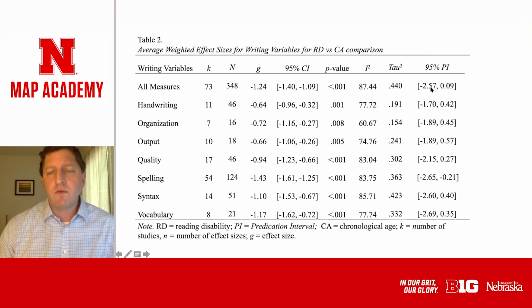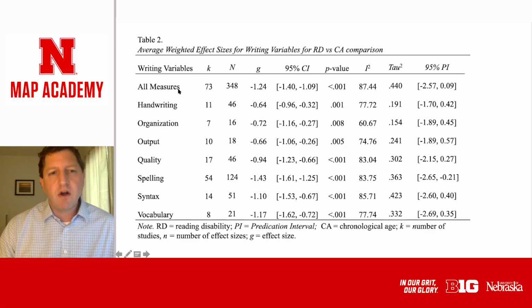So if I'm doing a study in the future, mostly it's going to be in this negative effect range, but there may be times where I do a study and I could find a null effect or even a positive effect comparing kids with reading disability to their chronologically age-matched peers. But then I also have a shifting units of analysis approach.